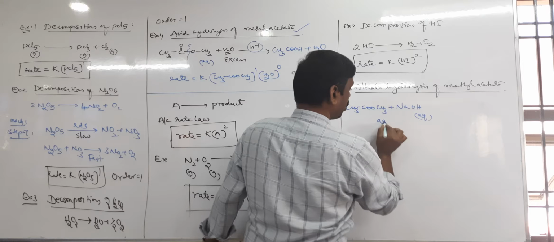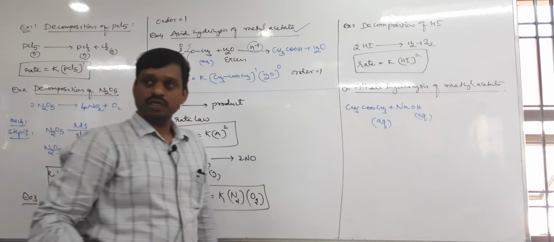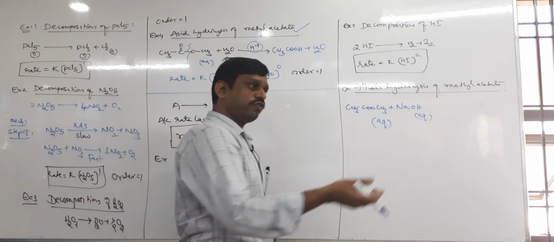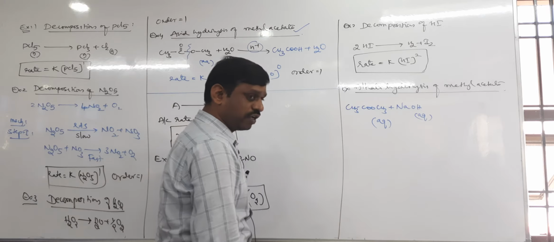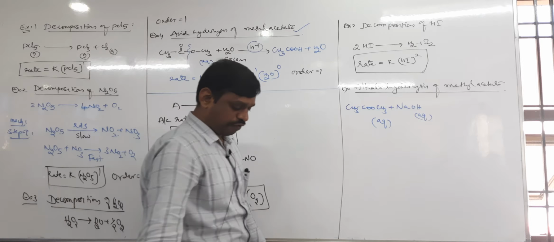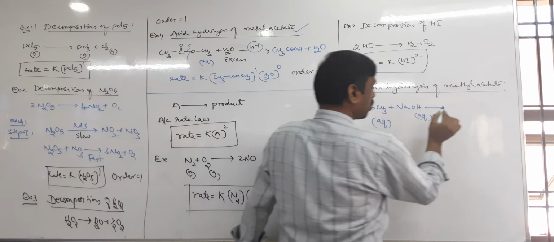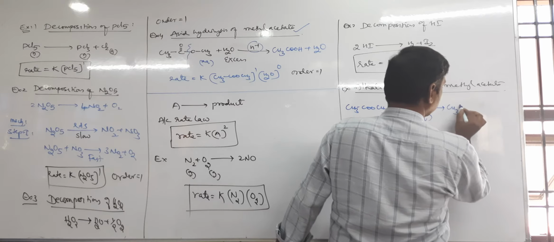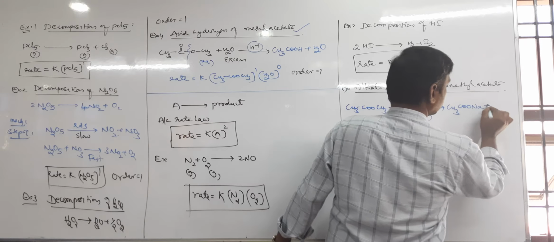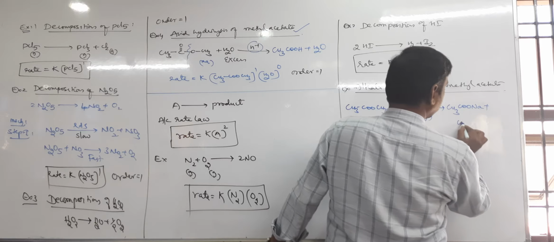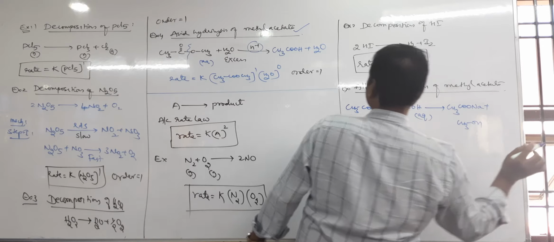We do not take water separately. We take dilute NaOH. Water is available along with the NaOH, since it is dilute. So now tell me what it forms. Ester undergoes hydrolysis, it forms a carboxylic acid salt now. Sodium is there. Sodium acetate plus we will get methyl alcohol.